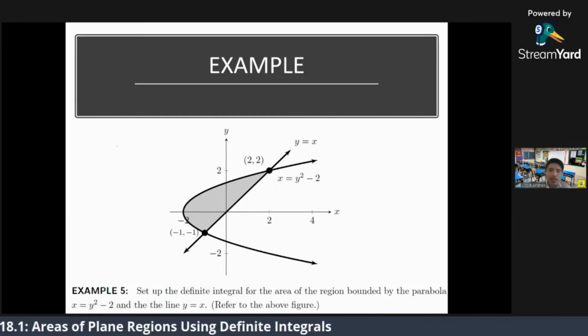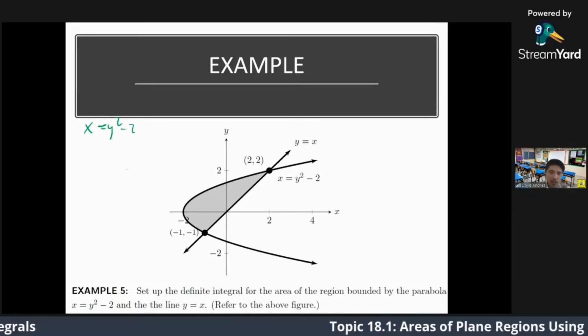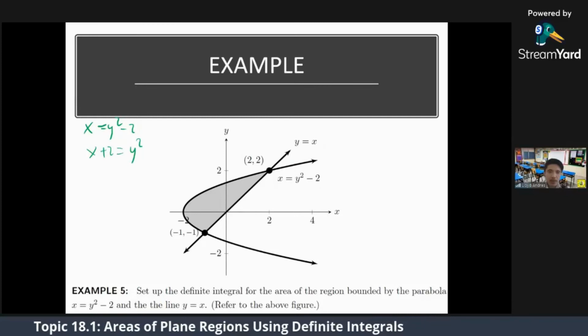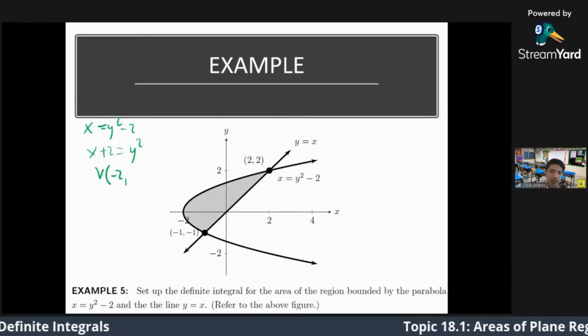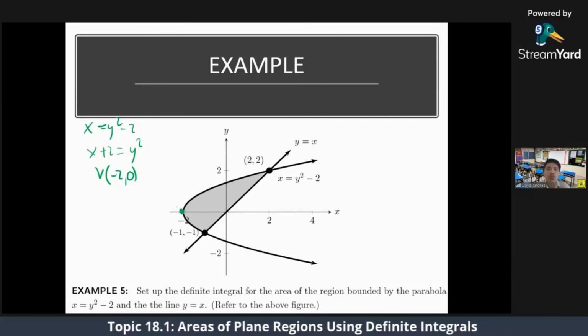Isolate natin itong y squared. So, that is x plus 2 equals to y squared. Therefore, we can determine our vertex as ang x nato is negative 2, ang y nato wala may kauban, so that's 0. So, ang vertex natay negative 2, 0.